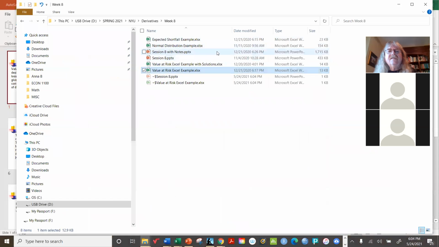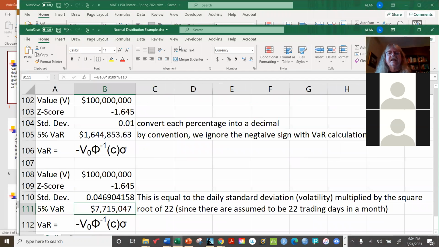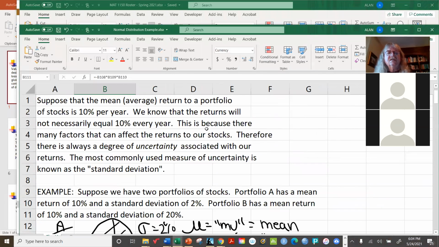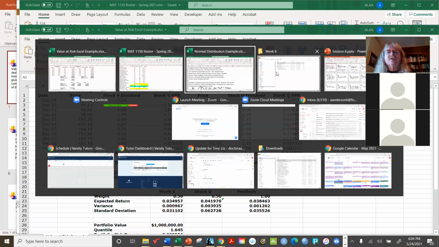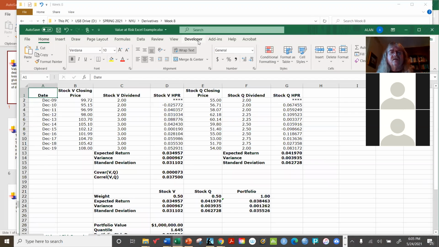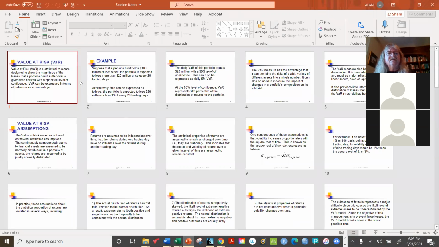And we also have a brief detour into statistics where we look at the normal distribution. And we also have available to us a slight variation of what we're doing tonight called expected shortfall, and we'll be looking at that as well. All right, so let's get to the slides.